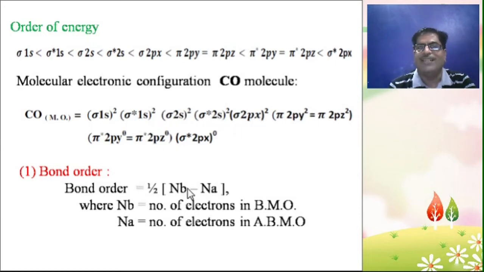Now let's calculate the bond order. Bond order is equal to 1/2 (NB minus NA), where NB is the number of electrons in BMO and NA is the number of electrons in ABMO.